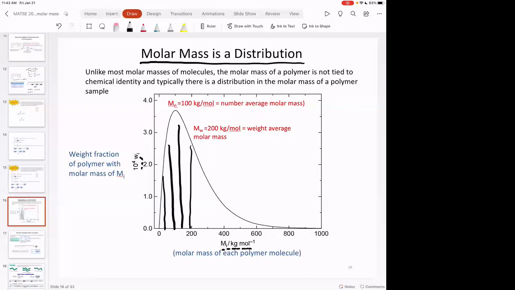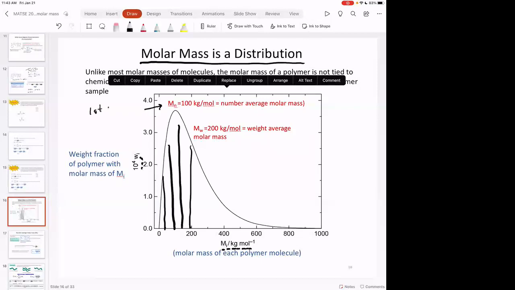And there's two types of averages that we're going to use to describe this distribution. We're going to use Mn, which is called the first moment of the distribution, and I'll show you why it's called the first moment in a second.